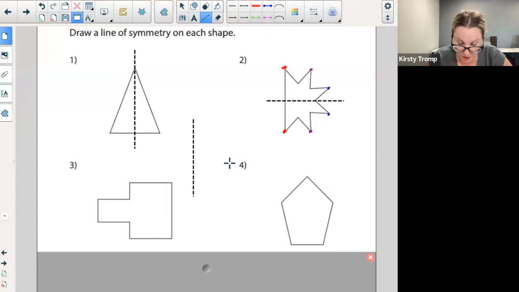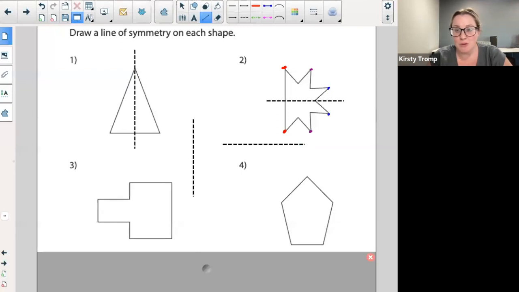And I'm going to draw a horizontal line, so a line that goes from side to side. You've got 2 options for number 3 and number 4: a vertical line or a horizontal line. And when I ask you, you're going to tell me whether it's a vertical line or a horizontal line. That's how we're going to answer the questions, and that's how you're going to help me out.